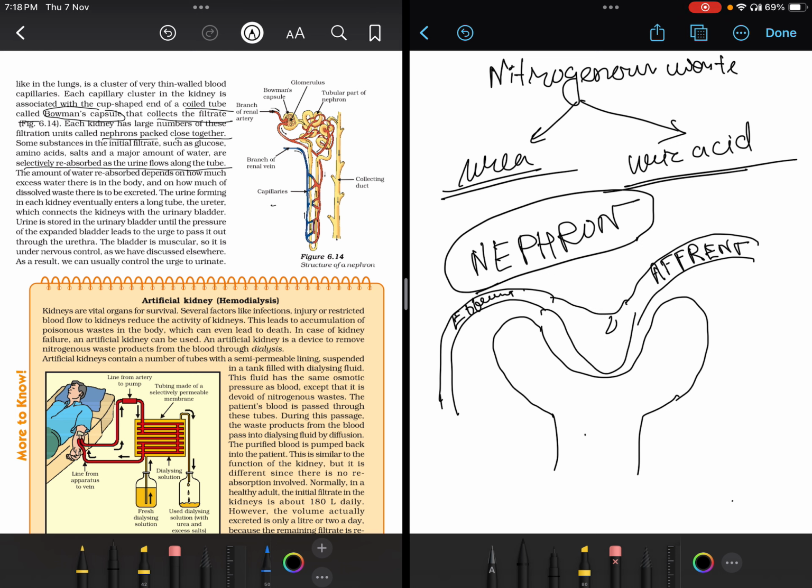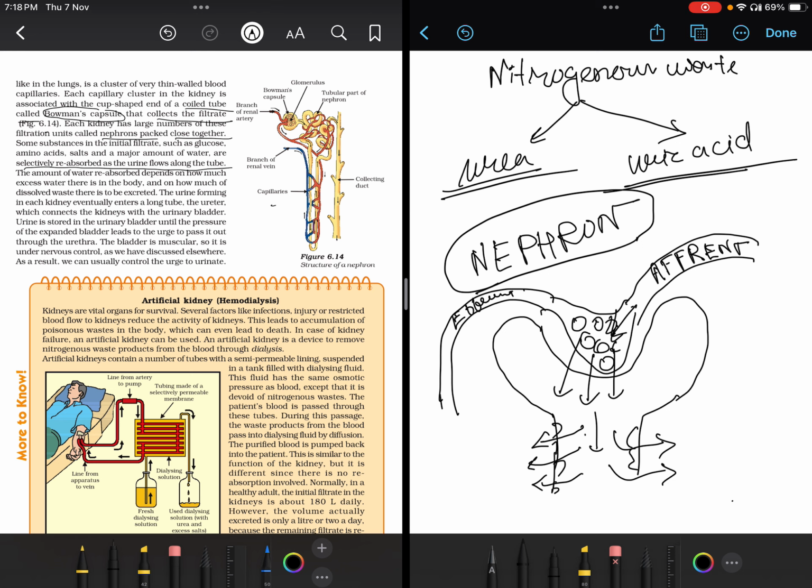Now the arteries here form these small capillaries, and through these capillaries the filtration product goes in, which contains glucose, amino acids, salts, etc., and water, which then get selectively reabsorbed during this flow. Like glucose is selectively reabsorbed, and amino acids which are necessary are selectively reabsorbed.